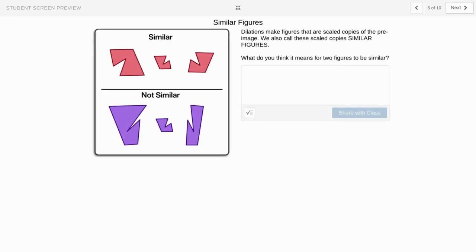All right, similar figures. Dilations make figures that are scaled copies of the pre-image. The way that the word scale works, it means all sides are multiplied by the same amount.